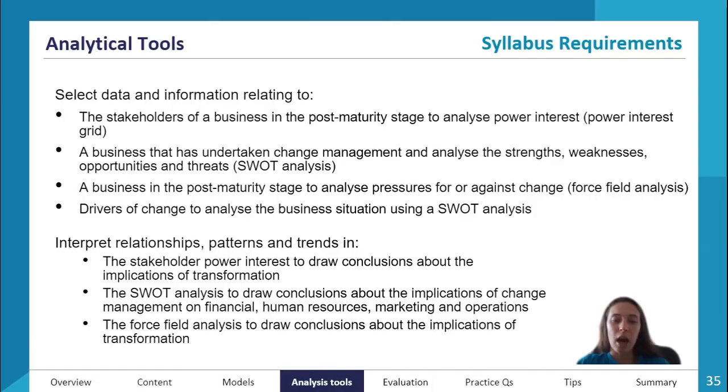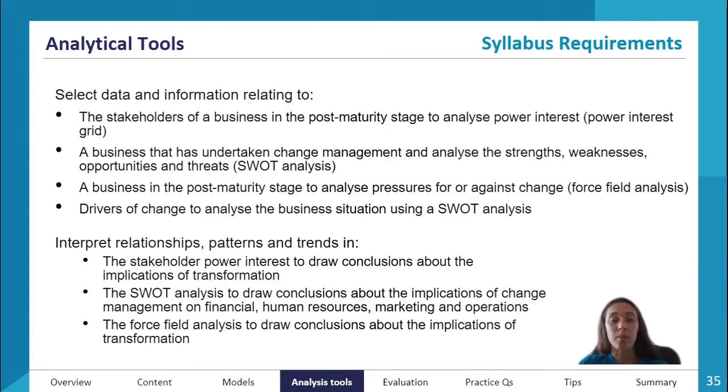Okay, now that we've done our models, we're on to our analytical tools. And so in terms of the syllabus requirements, when it comes to analytical tools, you have to select data and information relating to the stakeholders of a business in the post-maturity stage to analyze power interest, and a business that has undertaken change management and analyze the strengths, weaknesses, opportunities, and threats.